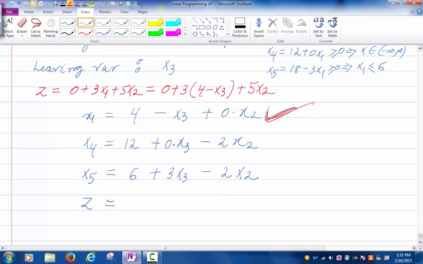So if I do that, what am I getting for z? Anyone? 12 minus 3x3 plus 5x2. And let me erase that again.